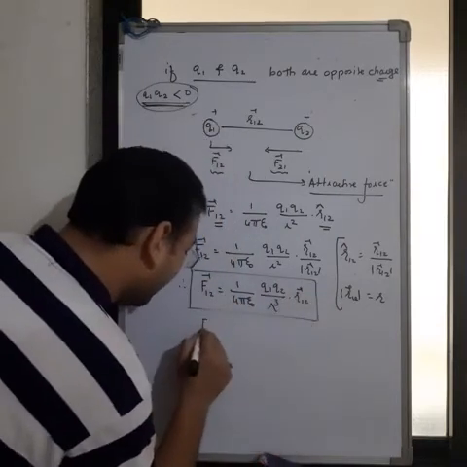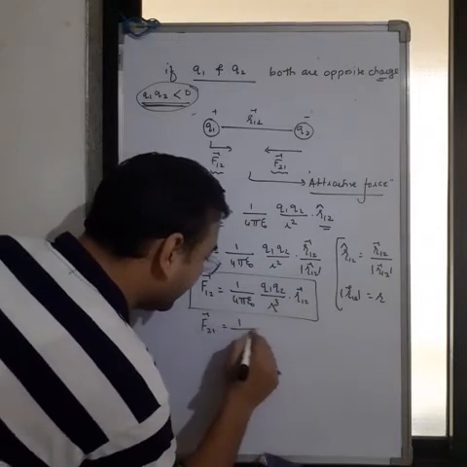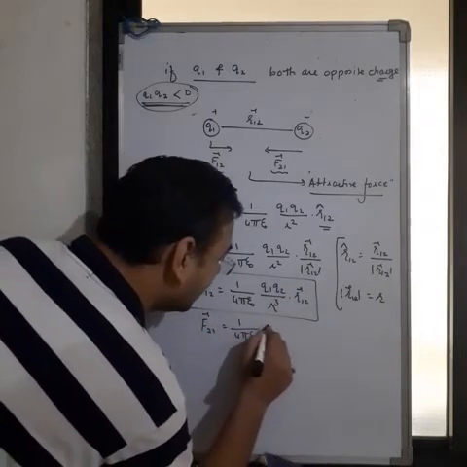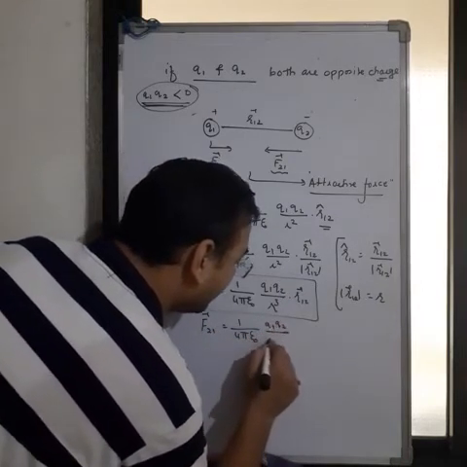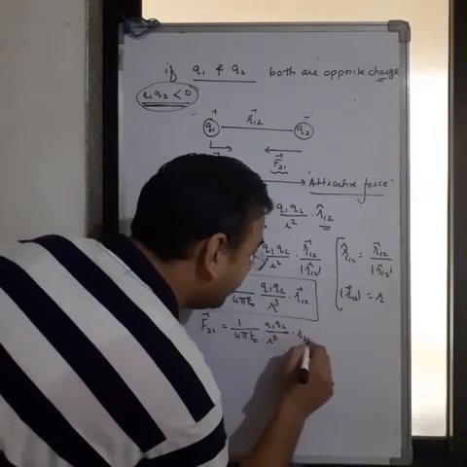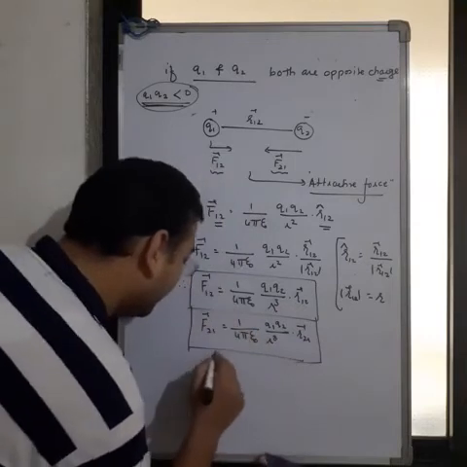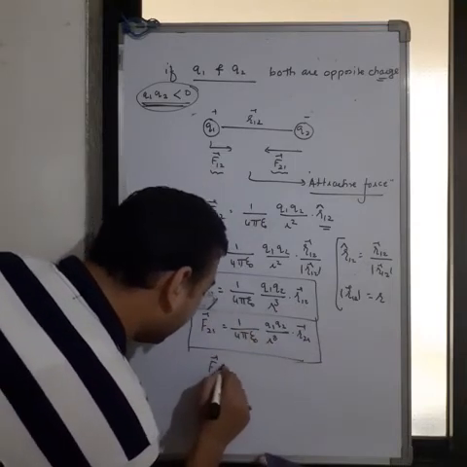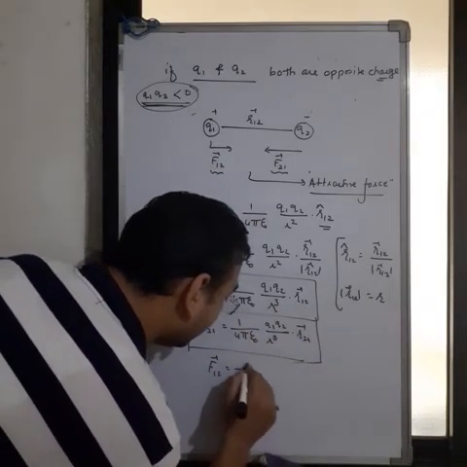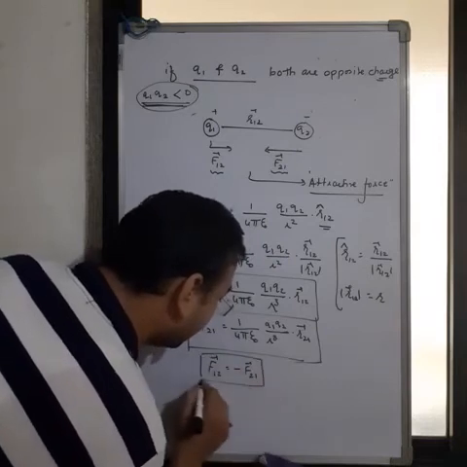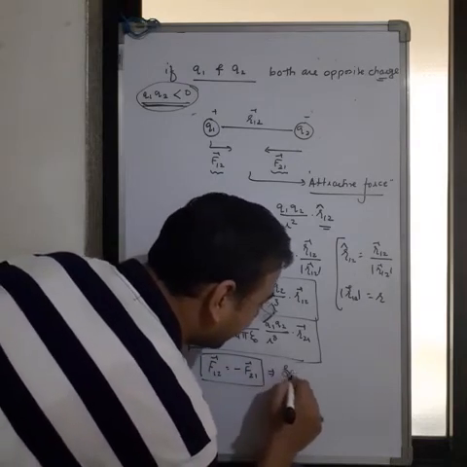Very similarly, F21 is equal to 1 upon 4 pi epsilon naught, Q1 Q2 upon R cube, R21. Here both forces have opposite directions and the same magnitude.